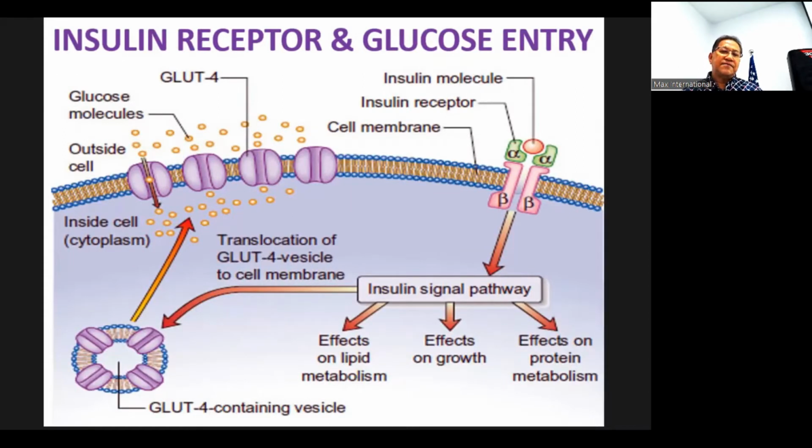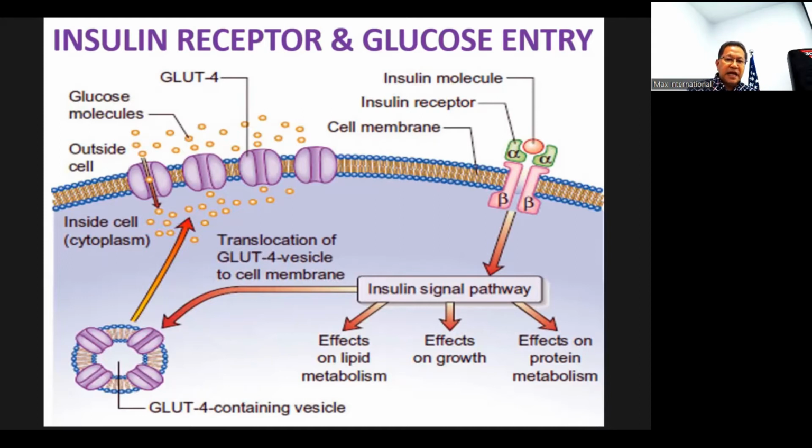The cells, in particular the muscle cells, have plenty of insulin receptors because they need plenty of glucose, and glucose can only enter the cells after the insulin receptors receive instructions from the insulin. And that initiates the signals to open up the channels that allow the glucose to come in.